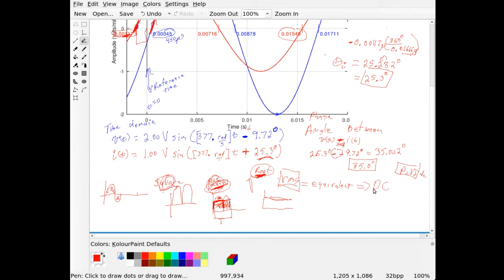So the RMS value is in fact equivalent to the DC. The book also refers to this as the effective value. So the effective value is the RMS value. Now, I'm not going to do the math for you. The book does walk through the math, but it turns out, and this is kind of an amazing thing to me, that when you do this for a sine wave, we use a capital letter for the RMS value because it's equivalent to the DC.